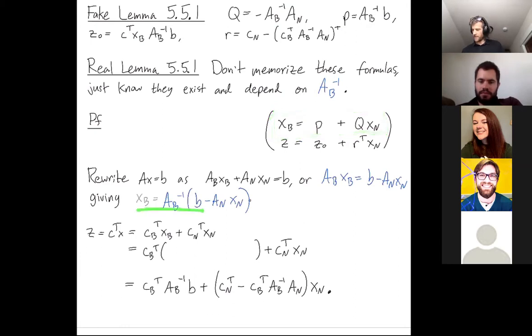So this right here is giving us P and Q. P is just this constant part, A_B inverse times b. Okay, so that's where P is coming from. And then Q is the matrix that you multiply your non-basic variables by. So Q is negative A_B inverse times A_N, right? So that's why Q is negative A_B inverse times A_N.